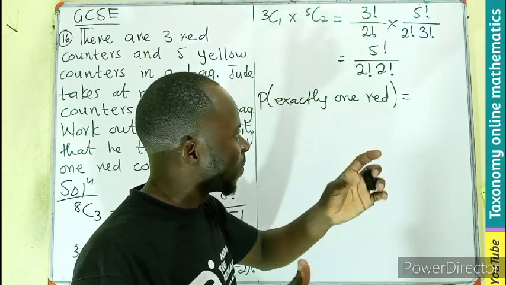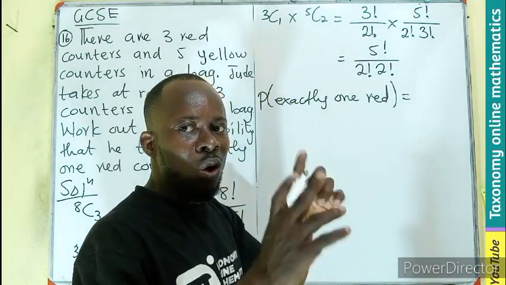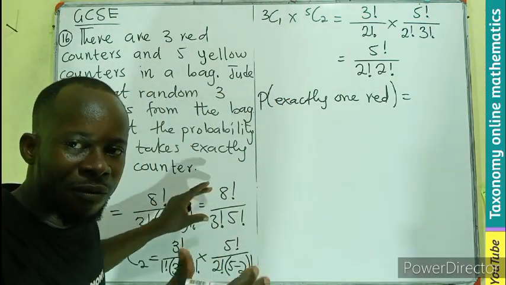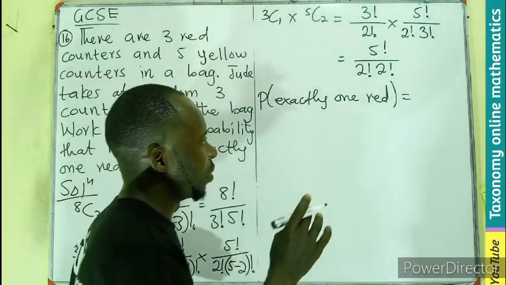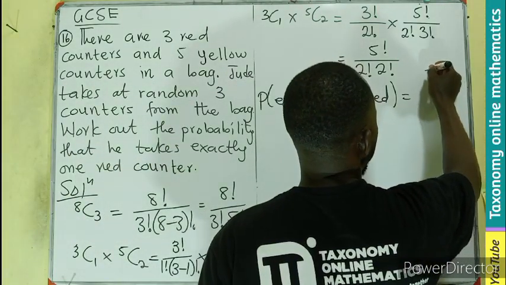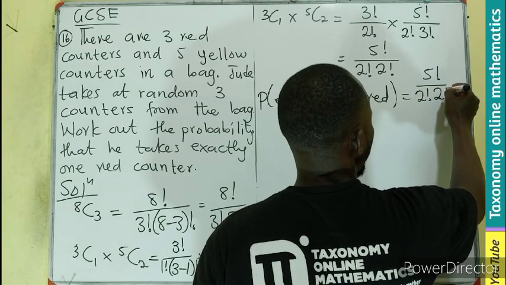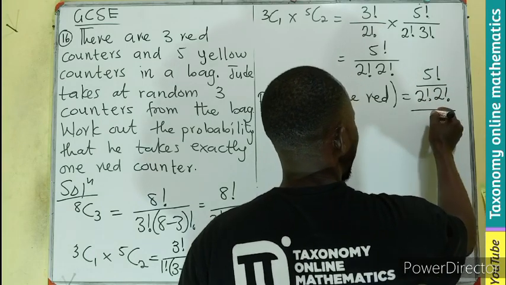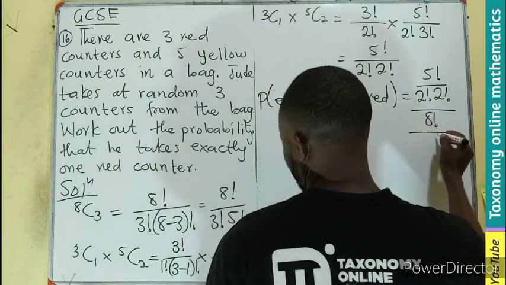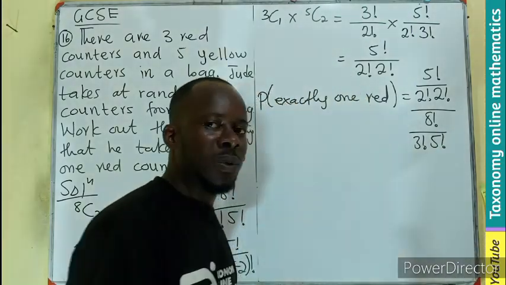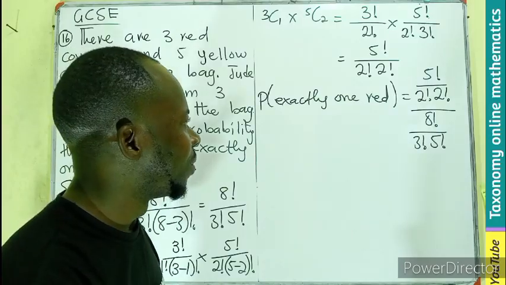This is the combination of selecting exactly one red, and this is the combination of selecting 3 from a pool of 8. So that will be 5 factorial over 2 factorial times 2 factorial, divided by 8 factorial divided by 3 factorial times 5 factorial.